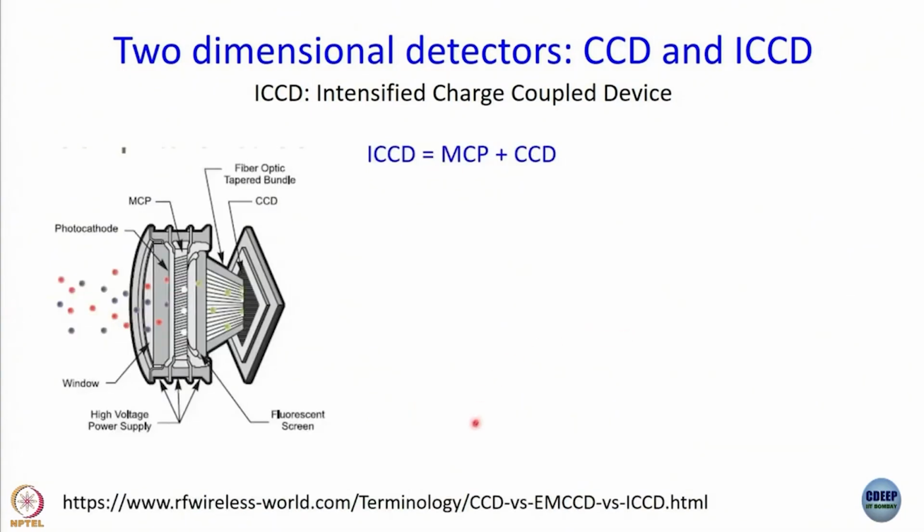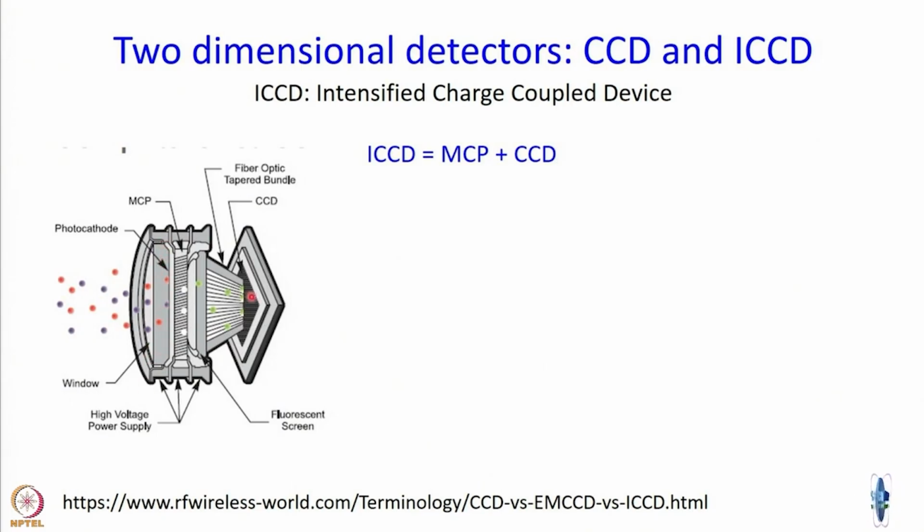This is a schematic of an ICCD. I hope you can see what we have written here. First of all, you always have a window, quartz window or something, which protects whatever is inside but allows light to go in. The small dots are photons, you can think. Then there is a photocathode, as shown in the diagram.